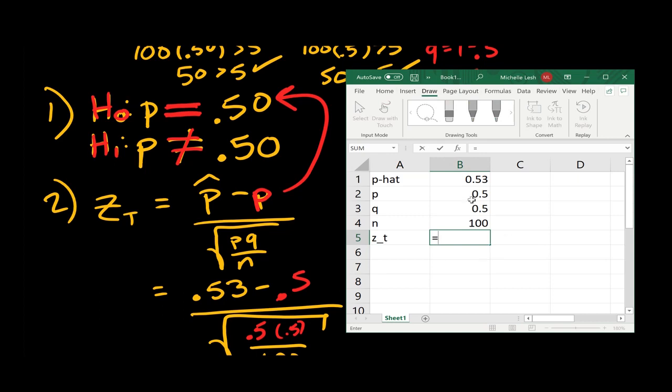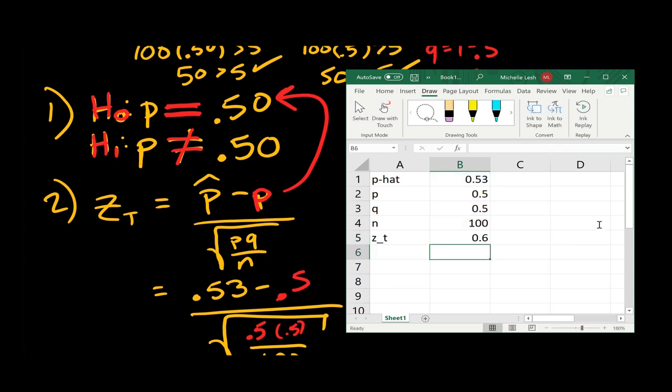So let's calculate our Z subscript T, our test statistic. In the numerator, let me use parentheses to indicate I'm in the numerator. I have P hat, so I'll just put that cell there, minus P. Close those parentheses, divided by SQRT, the square root, of P times Q divided by, it looks like my cells are overlapping, so let me just type in B4.